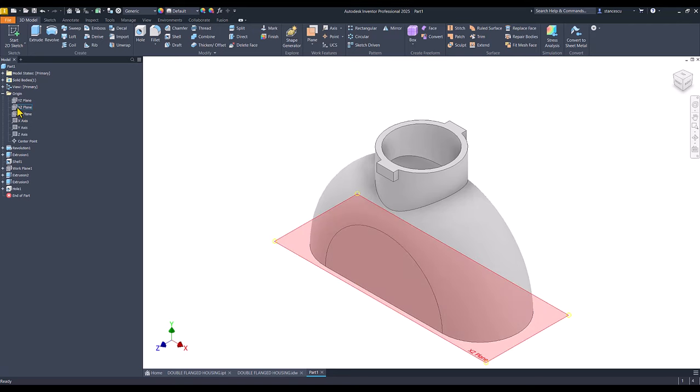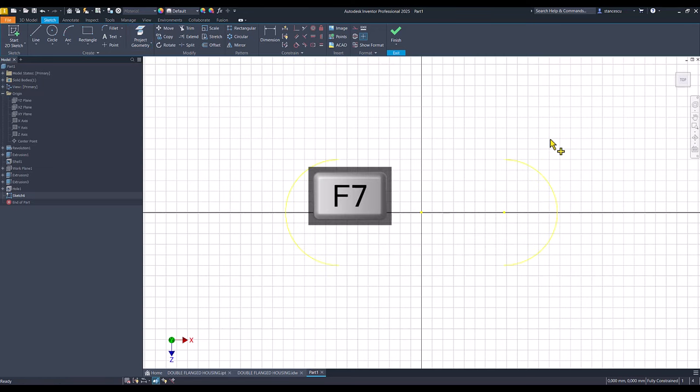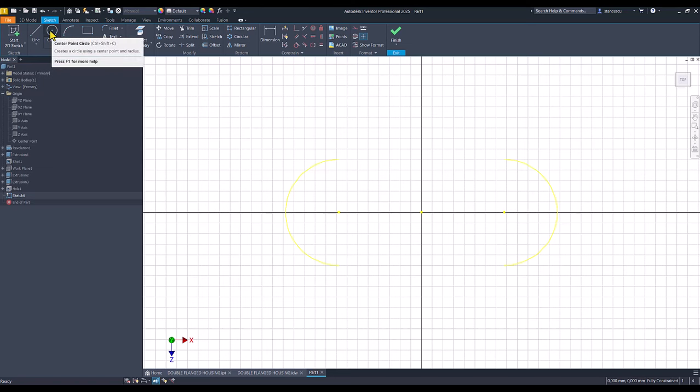The plane is this one, F7, but I have to project this arc and this arc. F7, we don't see better, but we know what we have to do here.